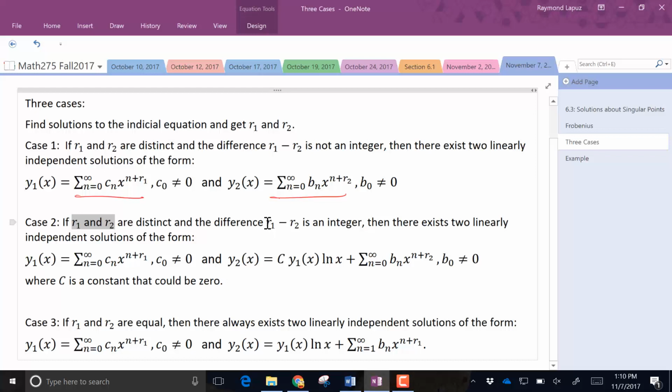So for example, solutions of 1/2 and 3/2, if you subtract them, you get a difference of 1. That's an integer. If that's the case, then your differential equation will have solutions of this form, one with a power series, and the second one would be a power series times ln x. That's also pretty easy to display, because you're essentially just looking for 1 power series, and then that's good to go.